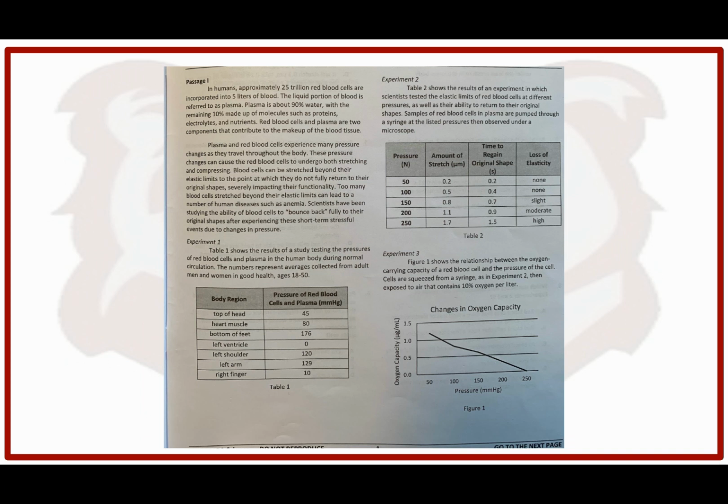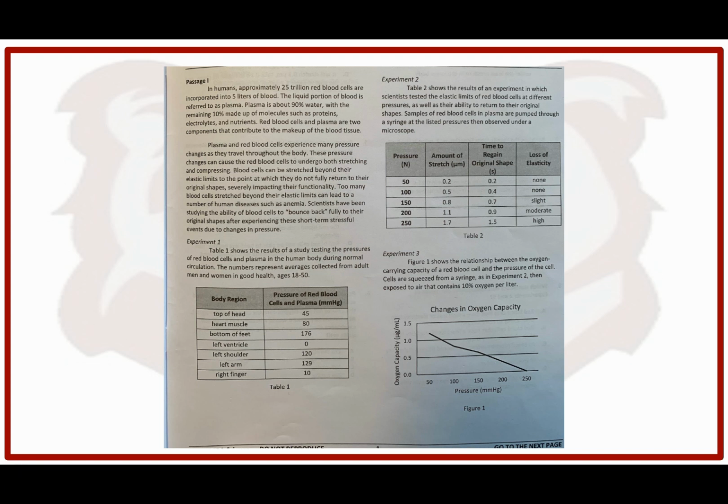If I just look at these charts in general terms, and look at the pressure in table 2, I can see as pressure goes up, the amount of stretch of a cell also increases, and the time to regain the original shape for a cell also increases. Then it talks about loss of elasticity in a cell, and the loss also increases. So very quickly I can see that as pressure goes up, all those other things go up as well.